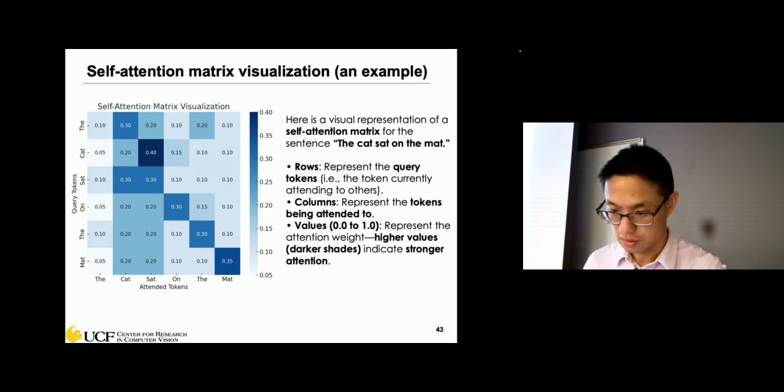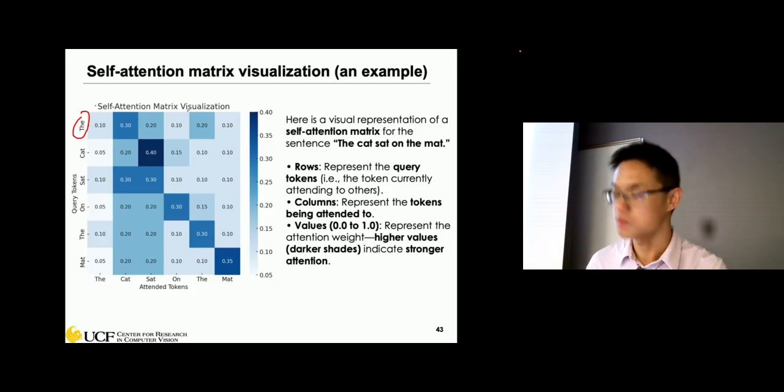This is the self-attention matrix. If we look at the first word, let's consider this the query, against all 6 words in the sentence, we can see how much attention it pays to each word.